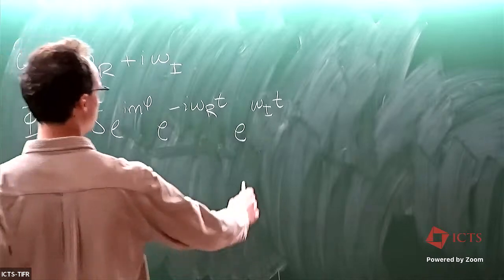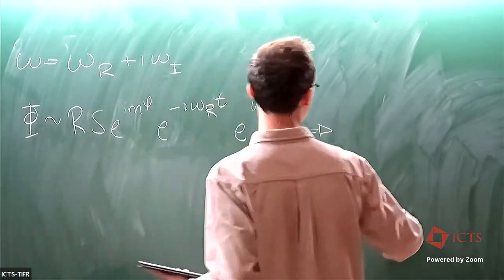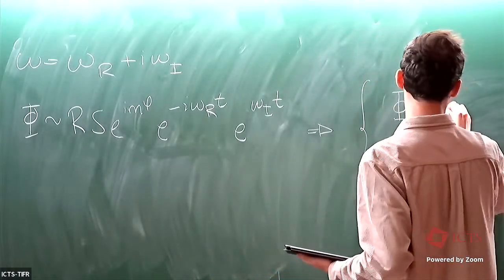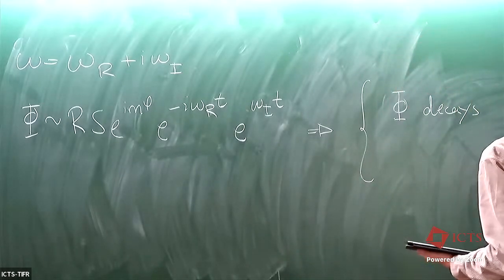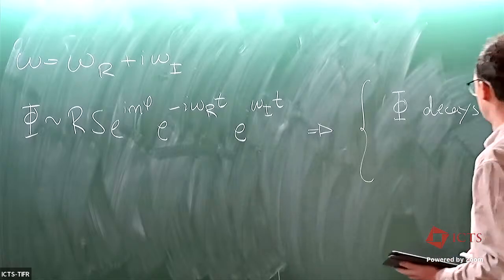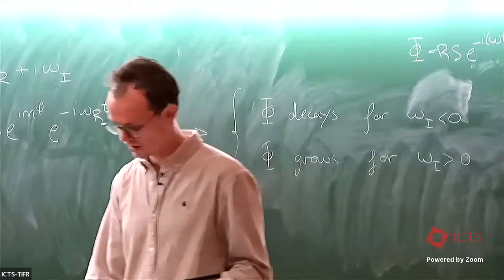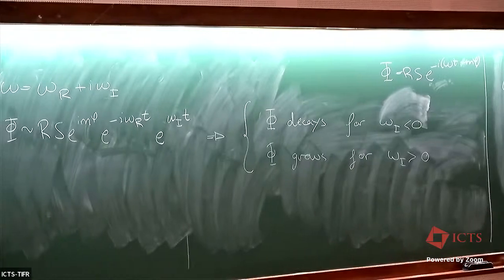There's no i here, and so basically what this implies is that phi decays for omega_I smaller than 0, and phi grows for omega_I larger than 0. And it doesn't just grow polynomially, linearly, or quadratically. It grows exponentially quickly.